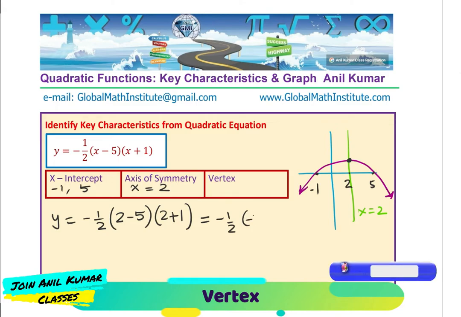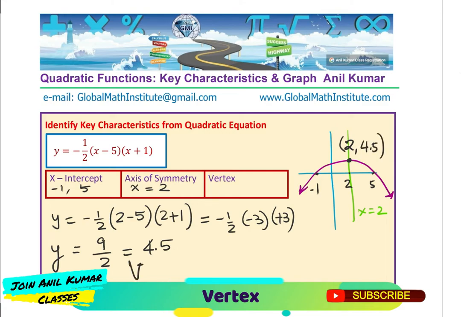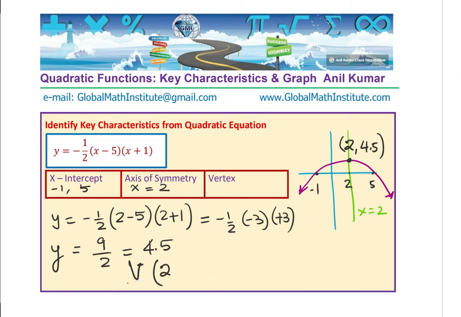So we have -3 times +3, and -1/2, gives positive 9/2, or you can say 4.5 is my y value. So we have the vertex here, which happens to be an x value of 2, and the y value being 4.5. Makes sense? So I'm writing vertex V as coordinate points (2, 4.5). So that is my vertex V.